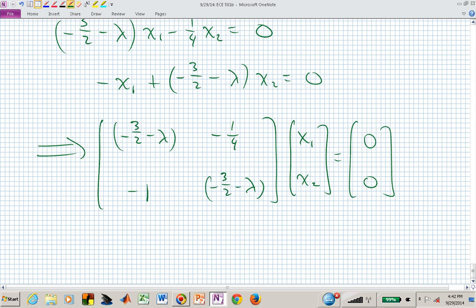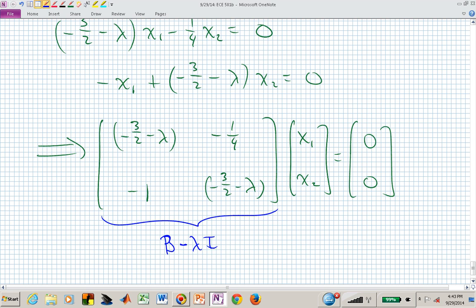And what kind of an equation is that, or what does that say about this vector x? The matrix that is pre-multiplying x is actually our original matrix B with lambda taken away from the diagonal. That's just B minus lambda I.